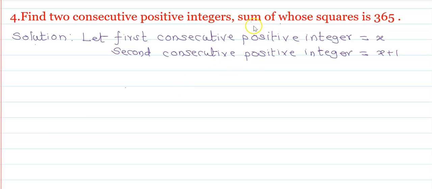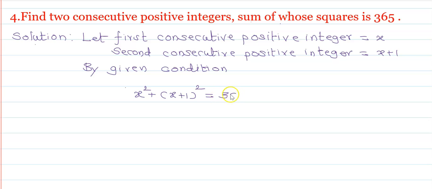Now what is the condition given? Sum of whose squares is 365. Therefore, by given condition, x square plus (x plus 1) square is equal to 365.